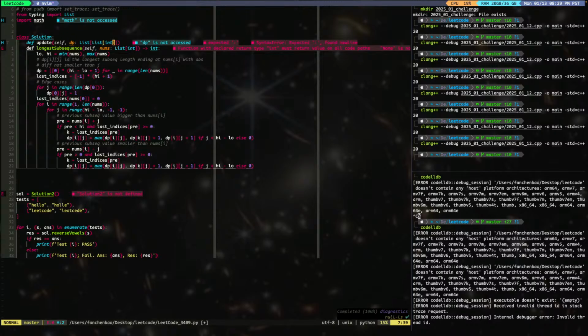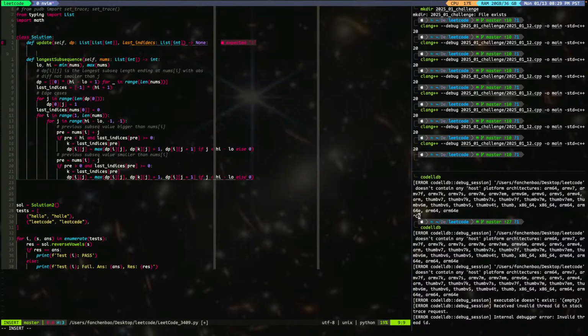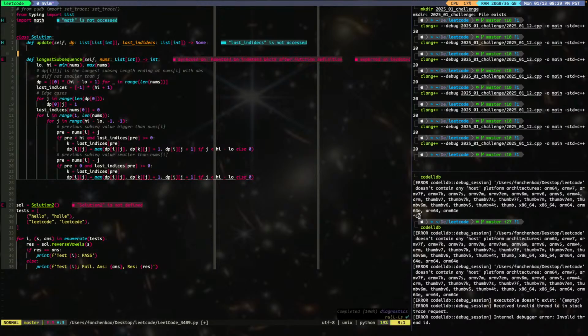We update dp and we need the last indices, a list of int, and we don't return anything because we update in place. So we give a pre.